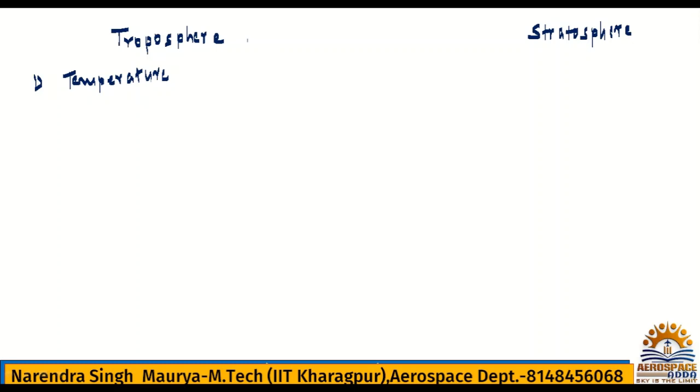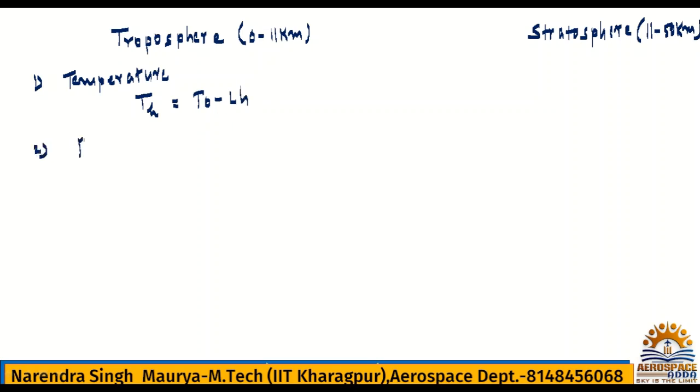Troposphere starts from 0 kilometer and ends at 11 kilometers. Similarly, the stratosphere is 11 to 50 kilometer. So temperature at any altitude, TH, is equal to T naught minus LH.